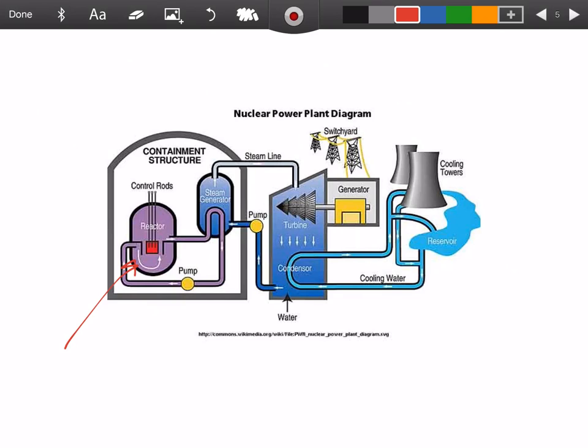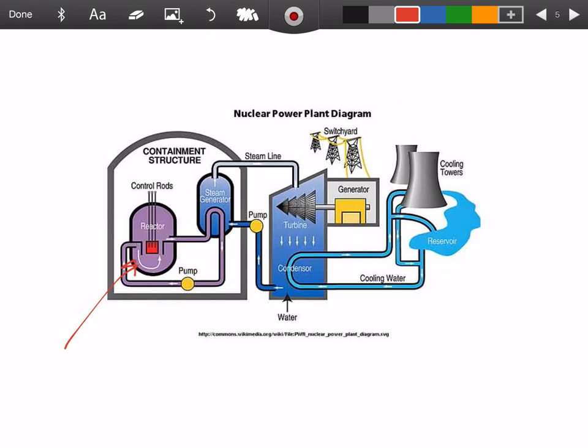That liquid then gets pumped around. As you can see, it heads up to the steam generator, and in the steam generator, that cold liquid gets heated up and converted into steam. That's generally just water, and the steam then goes in and it can turn the turbine. As the turbine turns, it creates electricity in the generator, and then that can pump the electricity out into the switchyard.